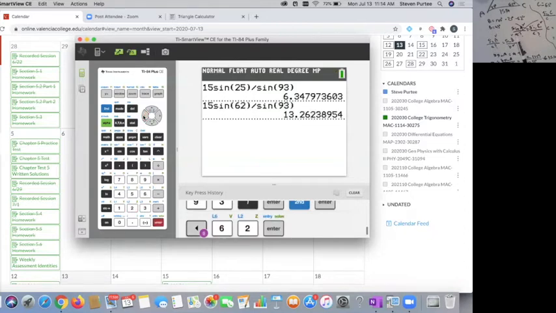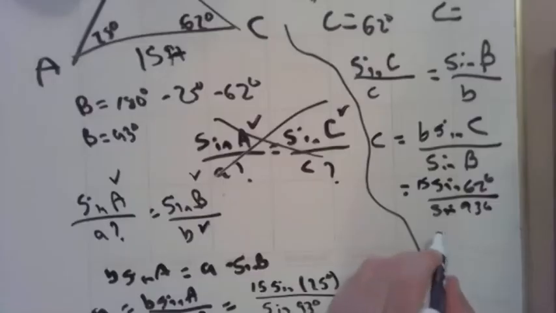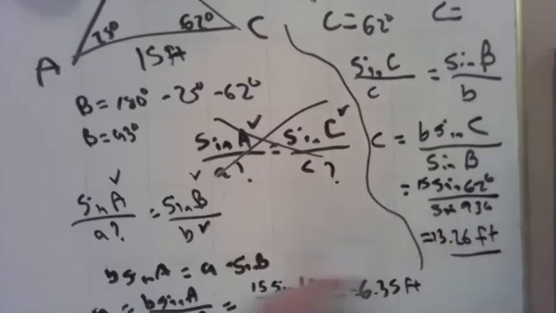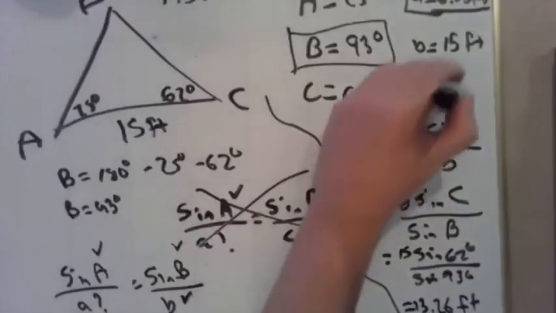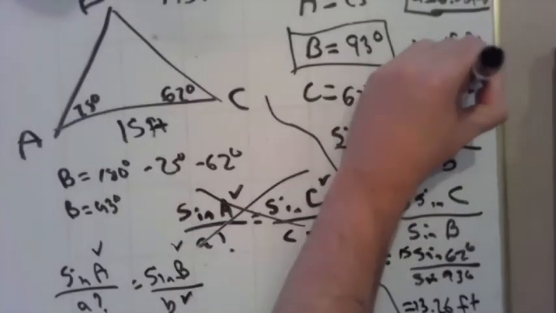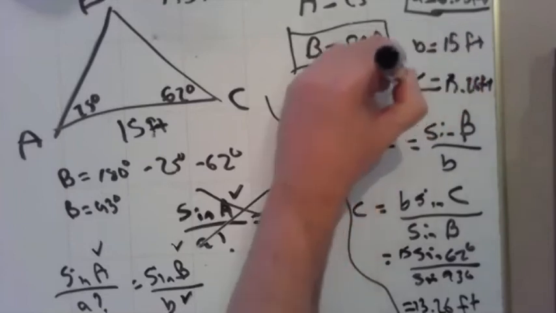Hit enter. And now I've got c, 13.26 feet. So let's put that in our table. Don't forget the feet.